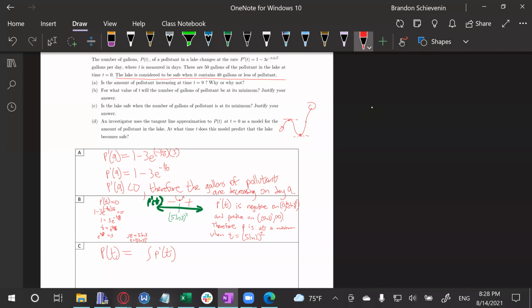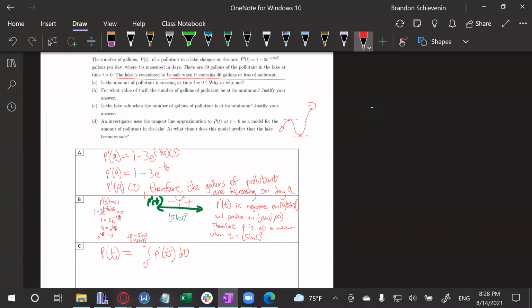So from what time to what time? Integrate 0 to 5 ln 3 squared.